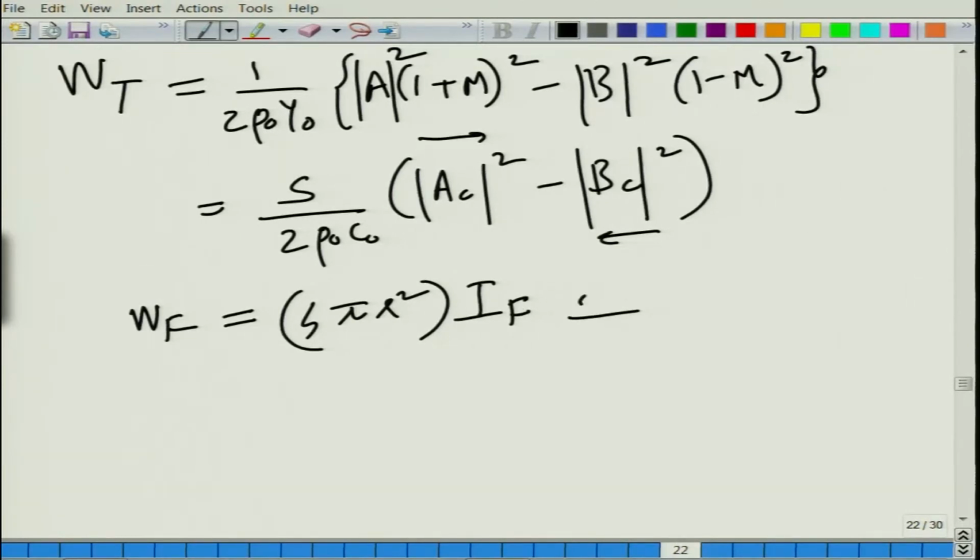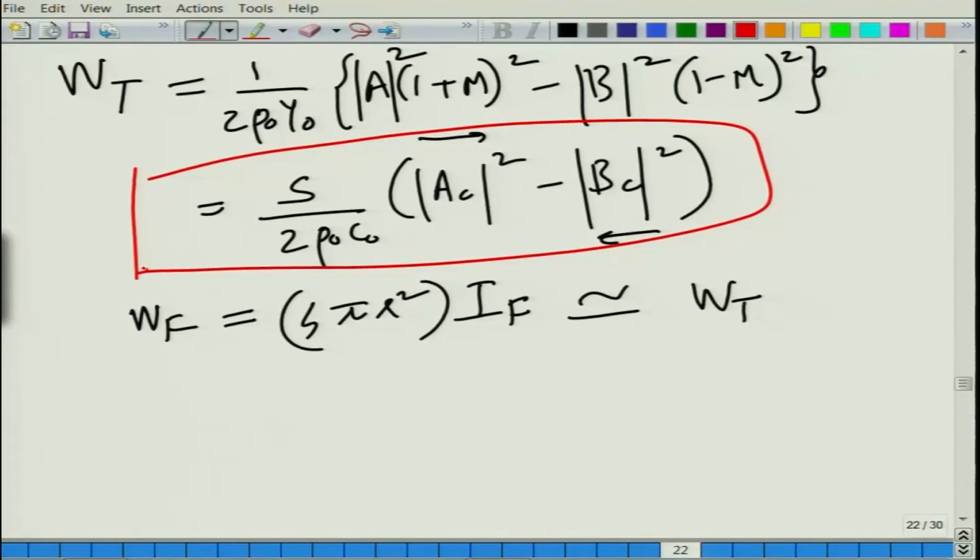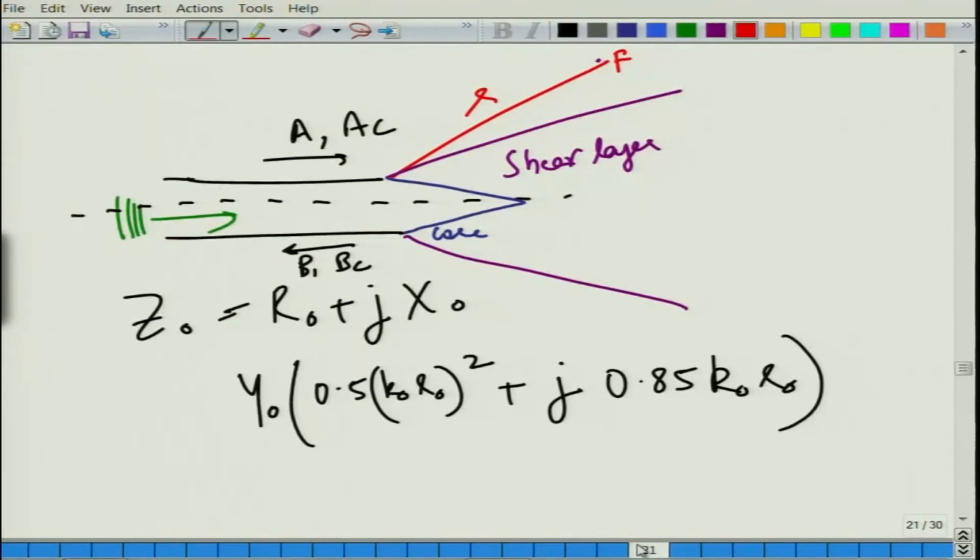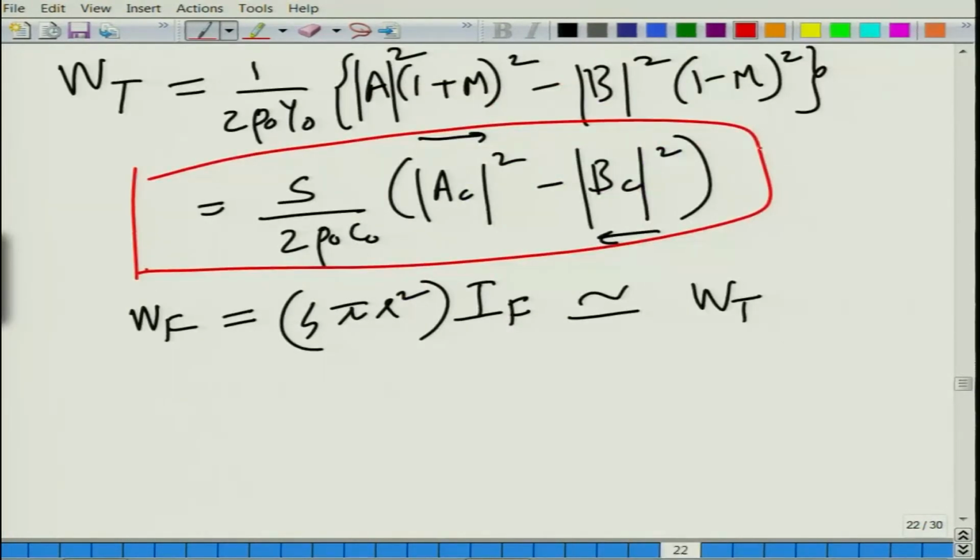This is approximately equal to WT, the theoretical power we obtained from this expression. When you have an outgoing wave, its interaction with the shear layer or with the jet itself produces some sort of back reaction on the wave. As a result, not the entire power is radiated; a fraction of that power is radiated.